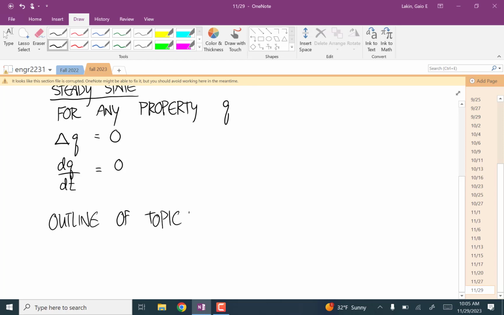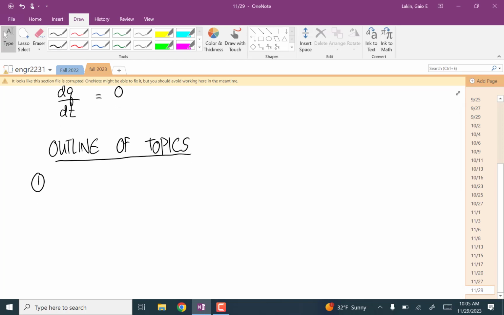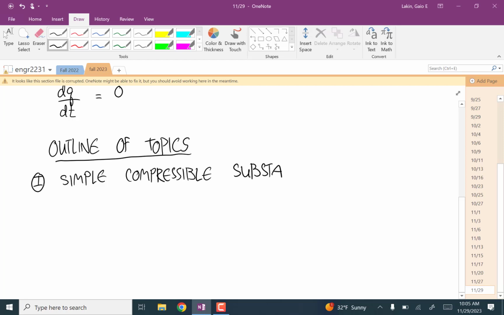So here's an outline of topics. I'm going to start by talking about simple compressible substances. How many substances have we talked about in this class that aren't simple compressible substances? Right.